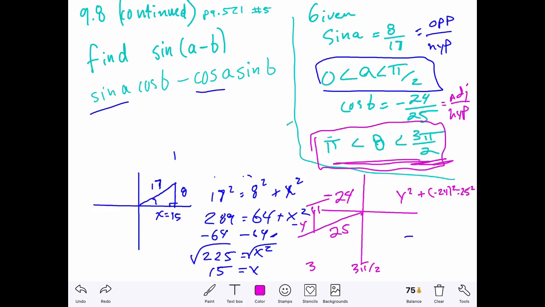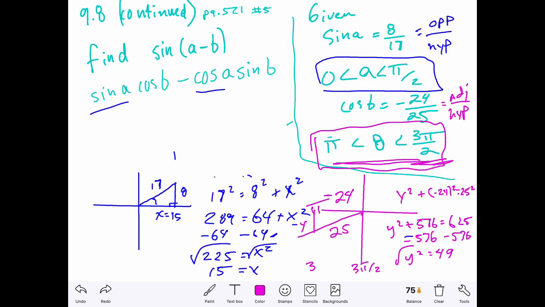Okay, so 24 squared is 576, so y squared plus 576 equals, and 25 squared is 625. Subtract 576. y squared equals 49. That's nice.